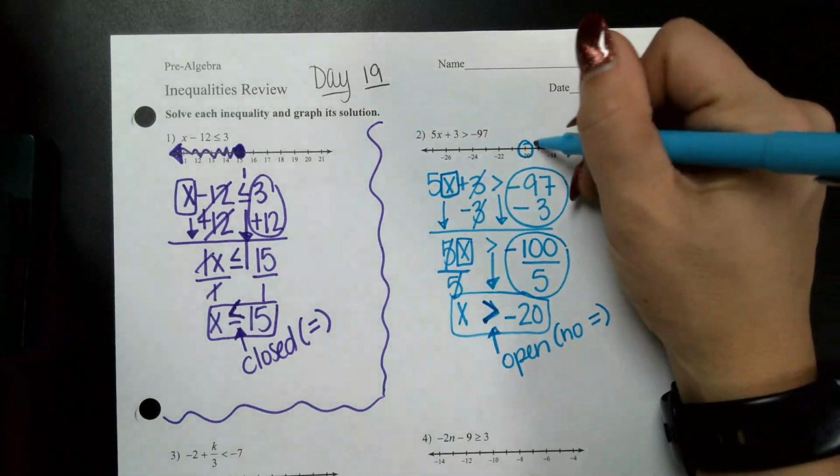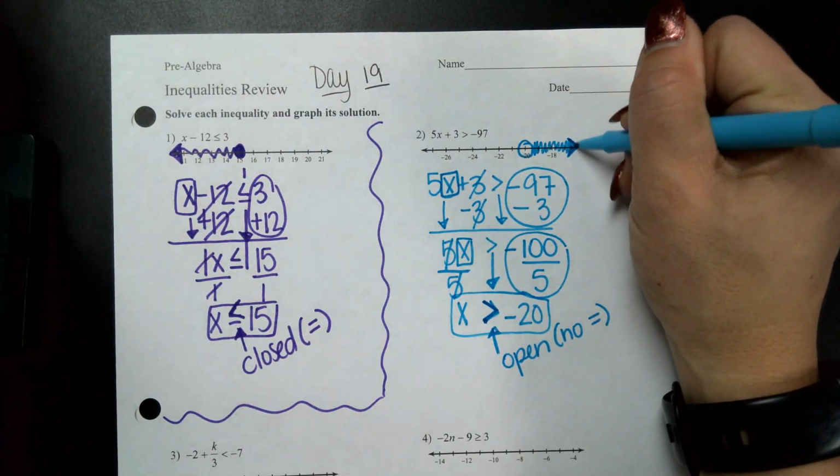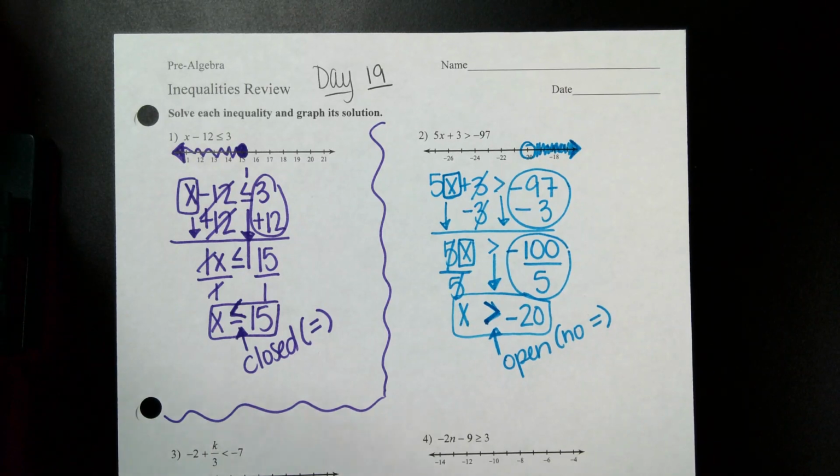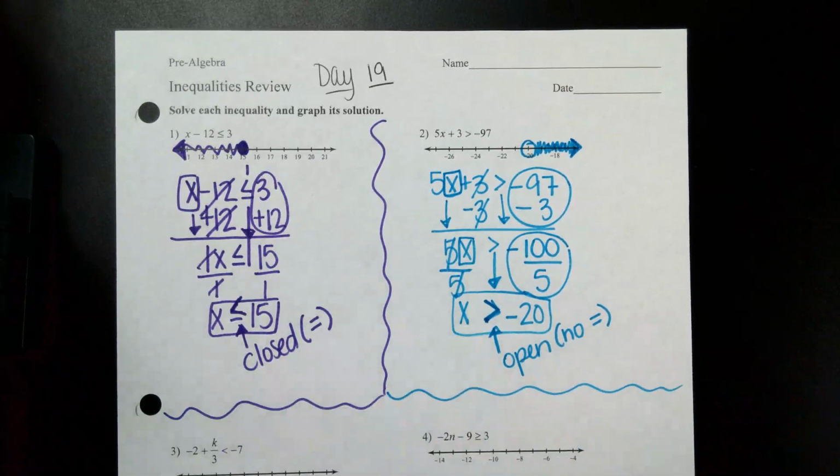So you are shading to the right anytime you see a greater than symbol. Questions on number 2?